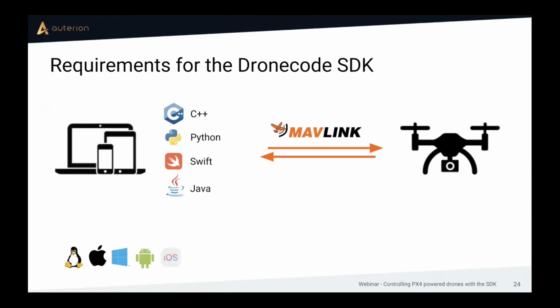On top of that, it needs to be cross-platform, so work on Linux, macOS, Windows, Android, iOS. And it should also be extensible, so support new use cases and allow additions in the future.